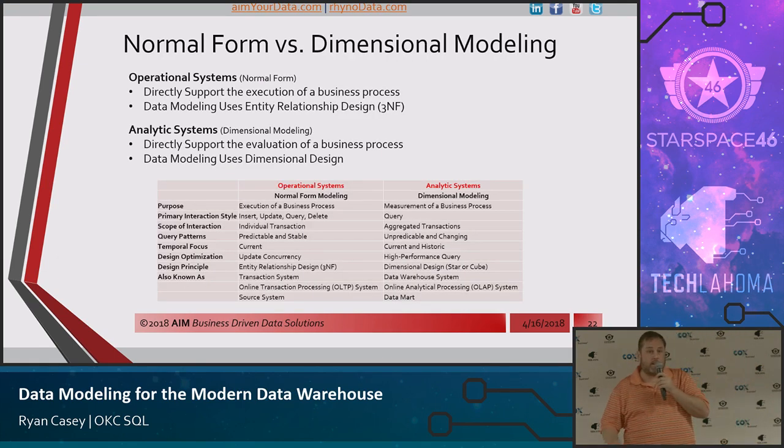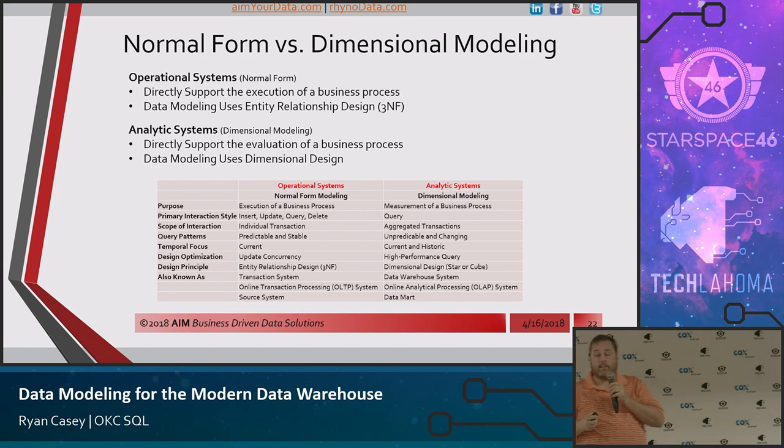So quickly, I'm going to talk about what we're all probably familiar with from college, and that's third normal form. How is that different from dimensional modeling, what we're talking about today? In third normal form, we're really looking at the execution of a business process. But in an analytic system, when we're modeling dimensional models, we're looking for a measurement of a business process.